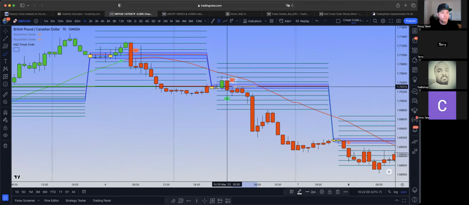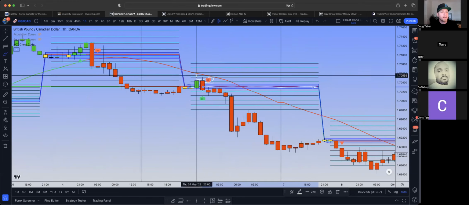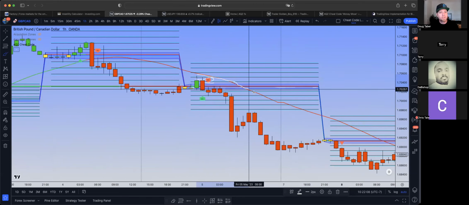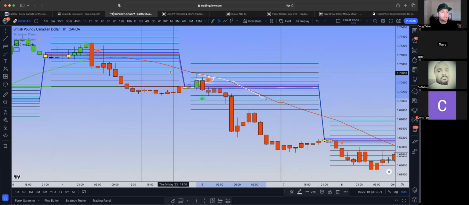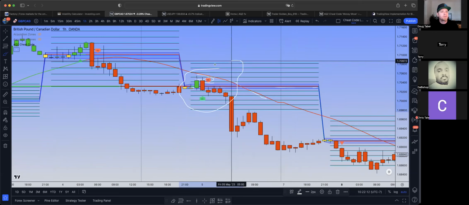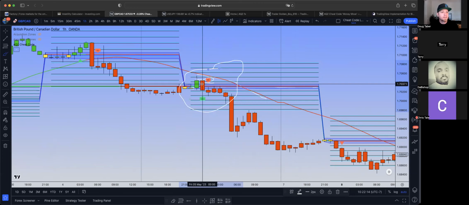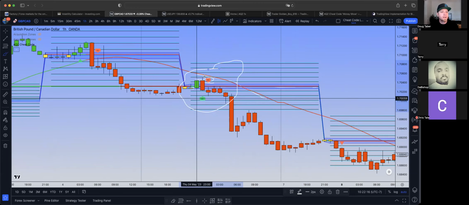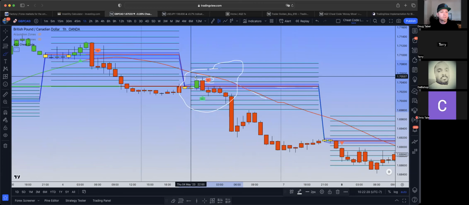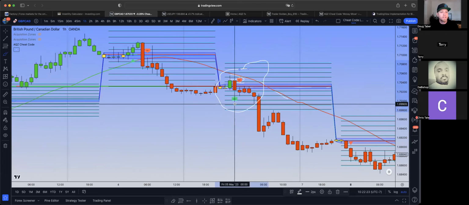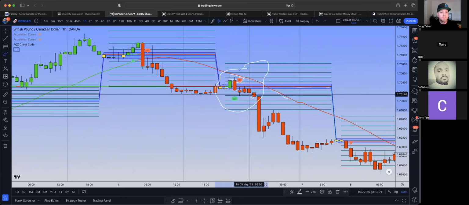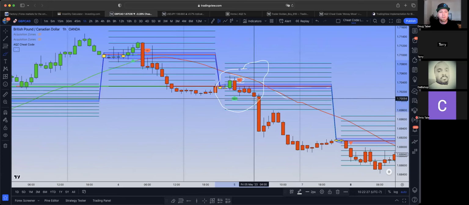We can see that weekly sentiment line is holding as resistance in this example, and the trend moving average is showing downward momentum. This is the best possible setup you can get from AQZ cheat code, because almost every single element of the indicator is pointing towards the downside.